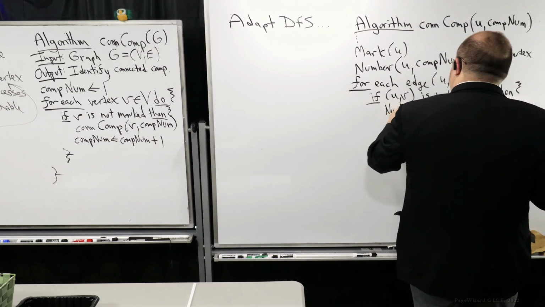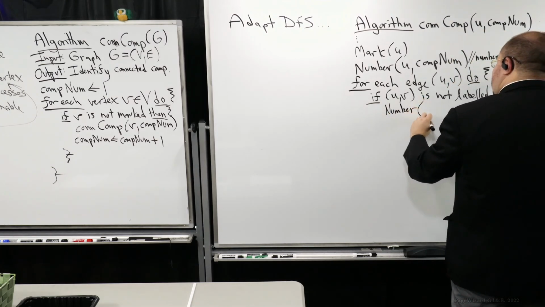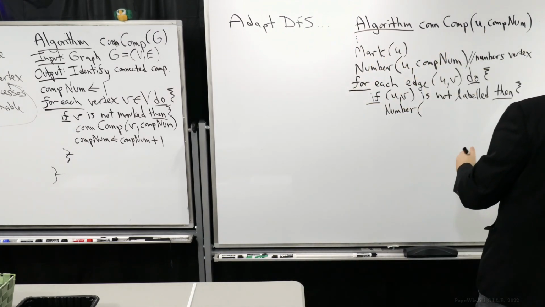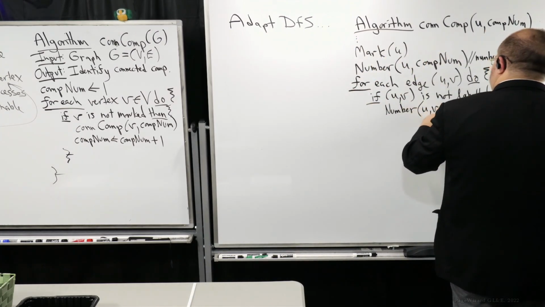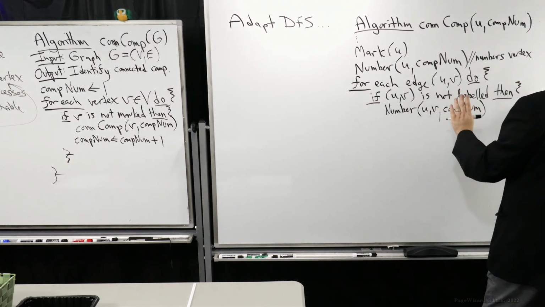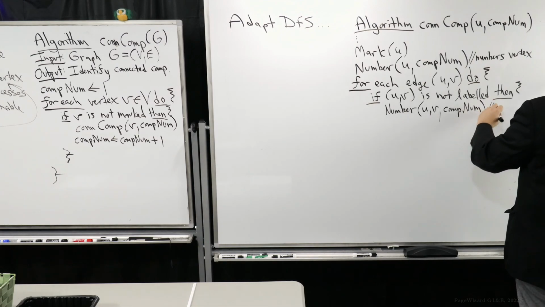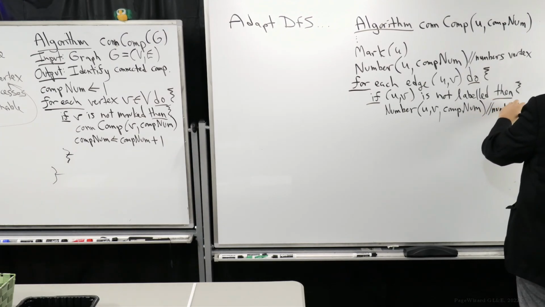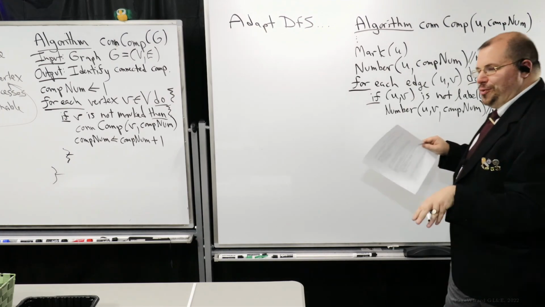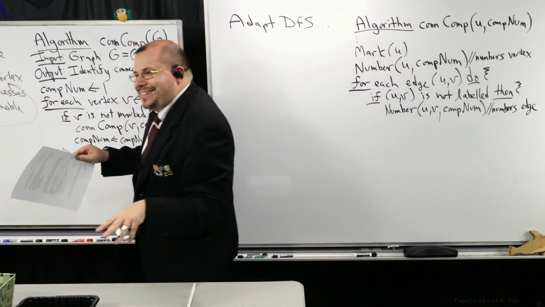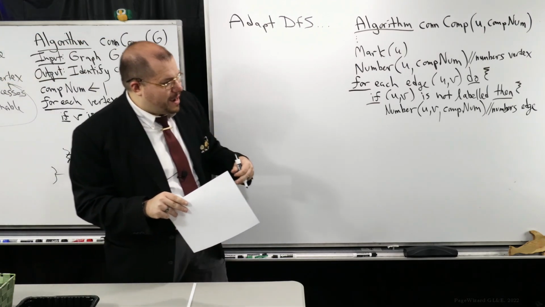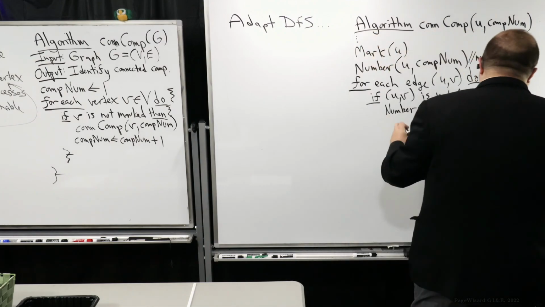So I'm going to have another function called number. It's going to take in an edge and a number. So I'm going to give it U, V, and comp num. All this is going to do is number the edge. There's nothing magic going on here. It's like a one-liner. There's nothing scary happening inside of this. It's just some constant amount of operations. So it numbers the edge.